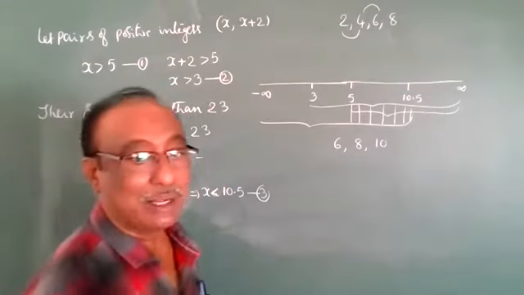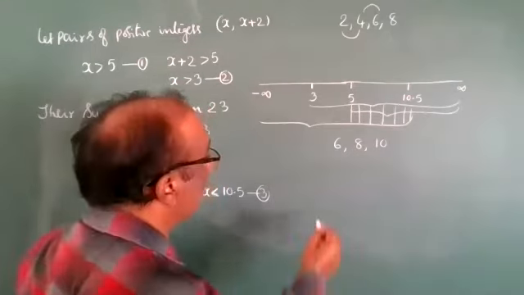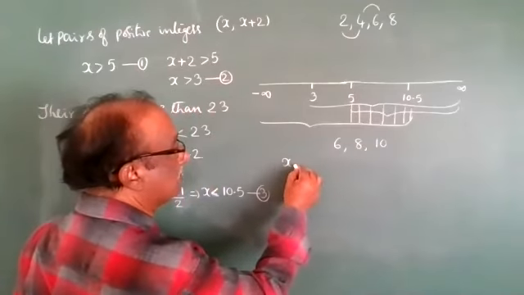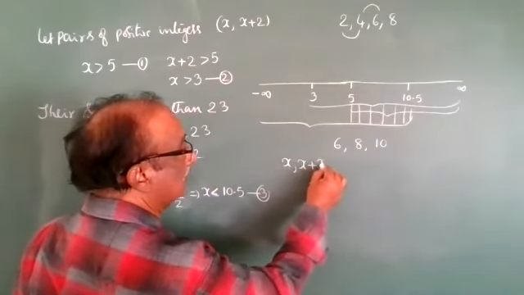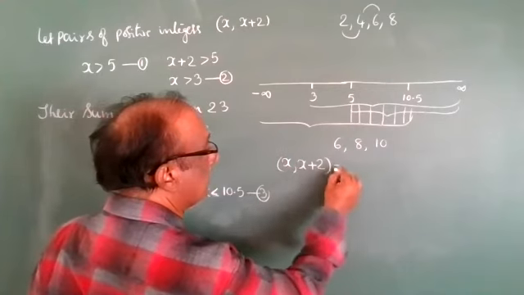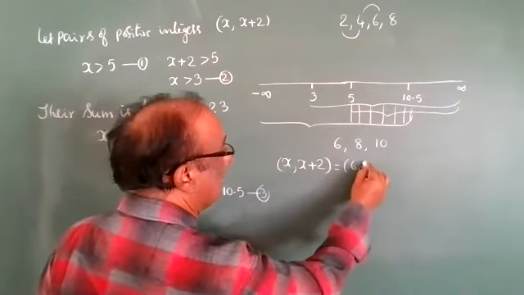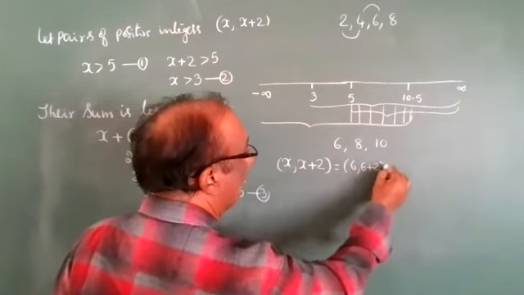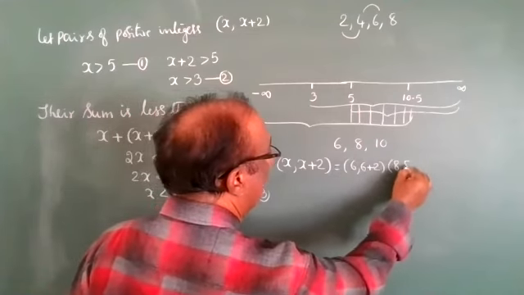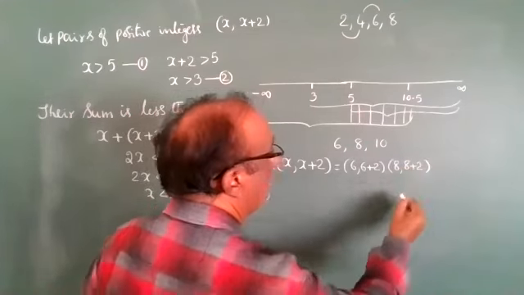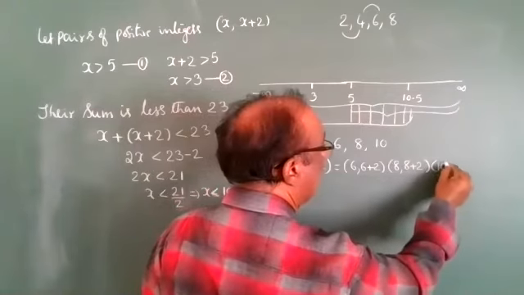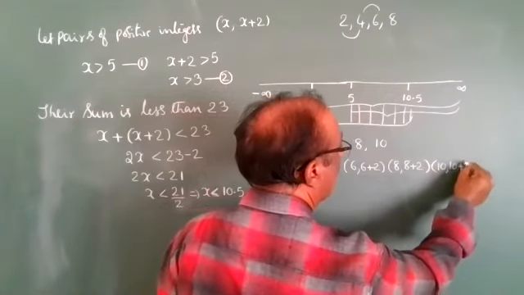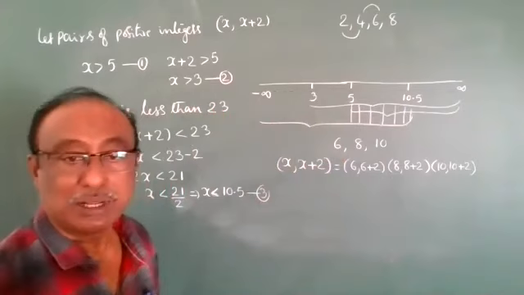10 is also an even number. Now write down the x and x plus 2 pairs. One is 6, another one is 6 plus 2. One is 8, another one is 8 plus 2. One is 10, another one is 10 plus 2.